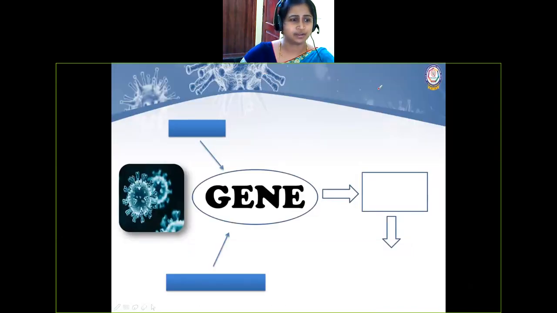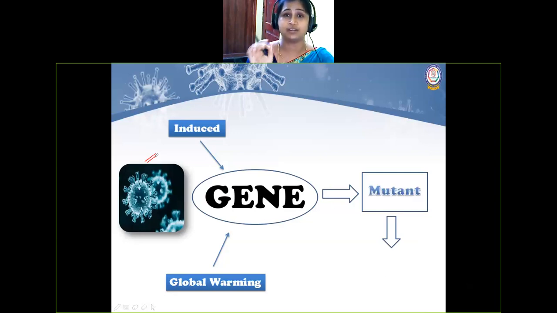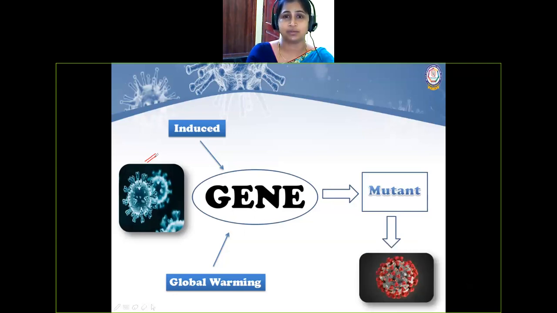This virus, a few decades ago, was so harmless due to some factors like induced factors or global warming. The virus totally transformed into a harmful virus due to mutation. You can see how it transformed from harmless to harmful.